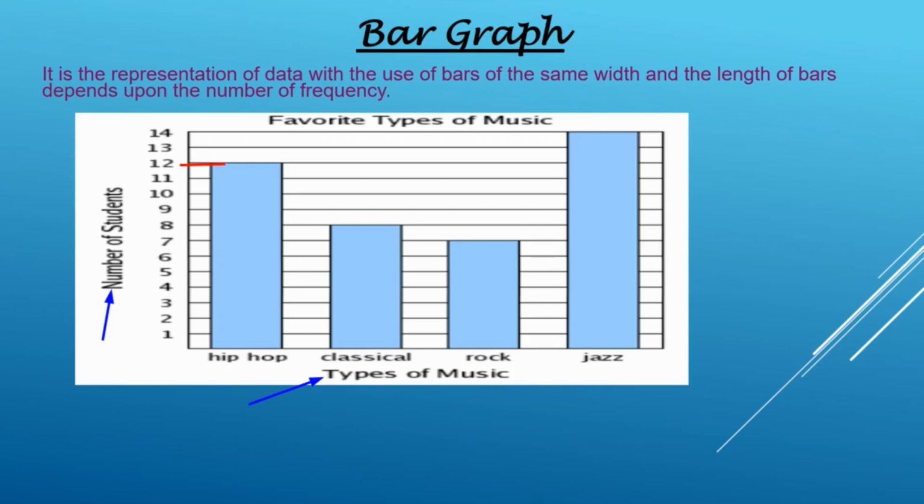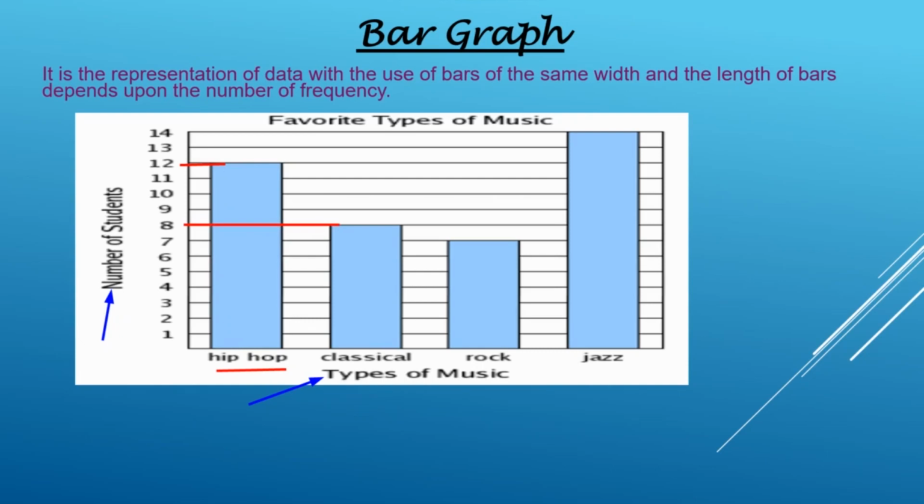So that means this hip hop is liked by 12 children. Same way you can see the next one. Classical is liked by how many? So you can see that it is liked by 8 children.